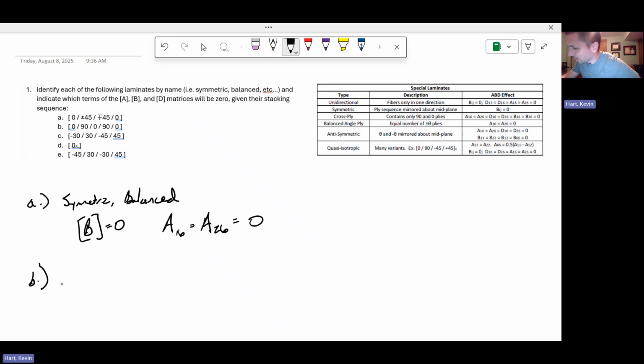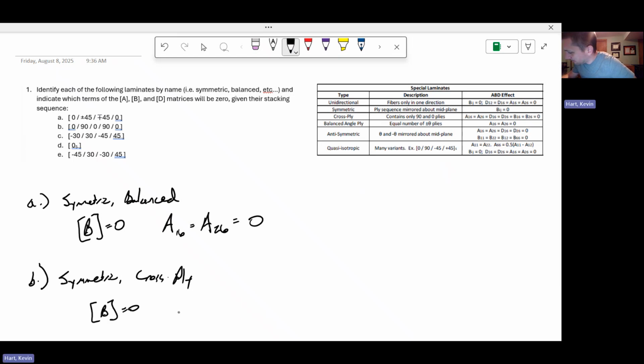All right, let's continue on. We'll cruise through this kind of quickly. 0, 90, 0, 90, 0. This guy is symmetric, and it's something called a cross ply. Symmetric again, so the B matrix is 0.